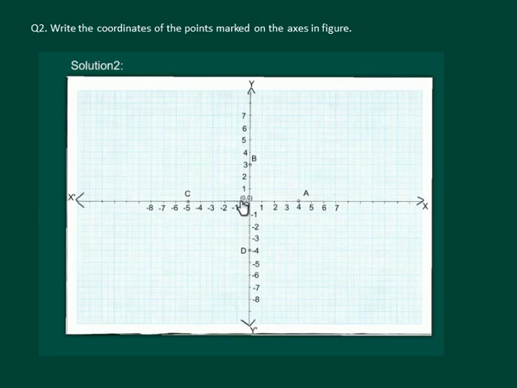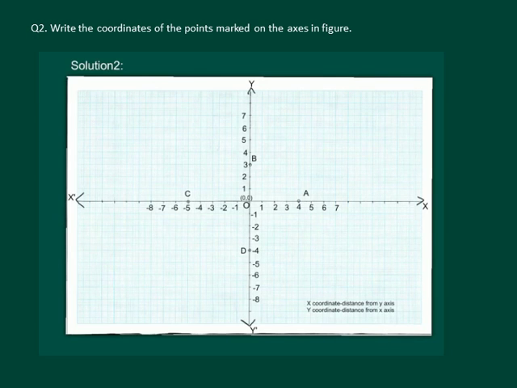So, abscissa is 0 and ordinate is also 0. We must also remember that x-coordinate of the point is the distance from the y-axis and y-coordinate of the point is the distance from the x-axis.